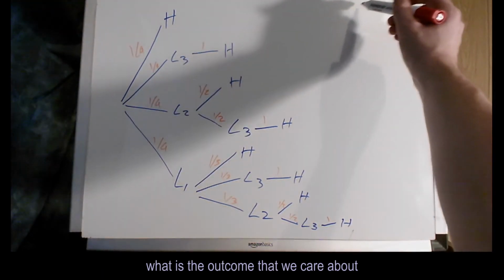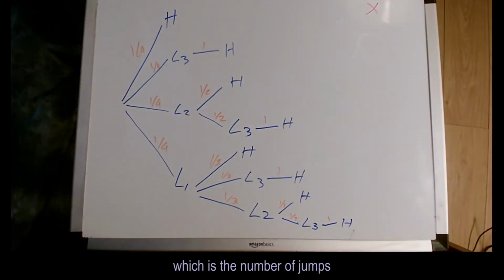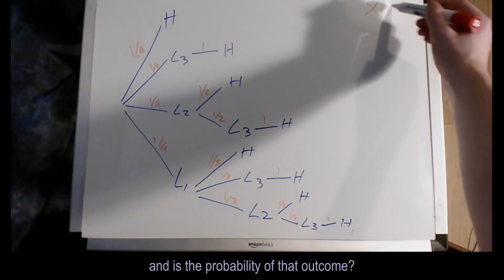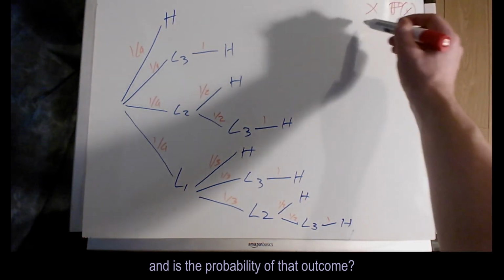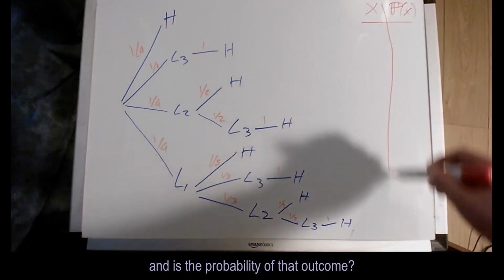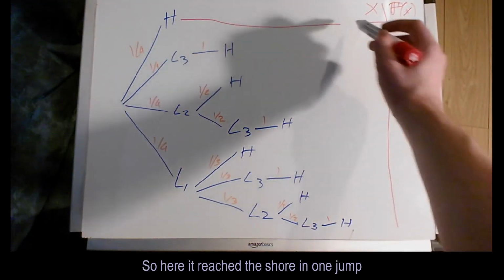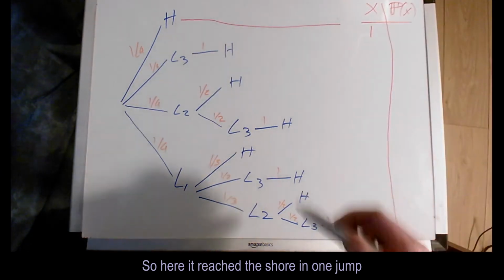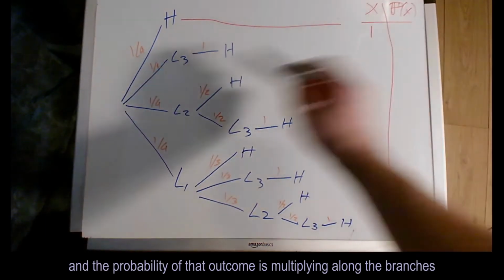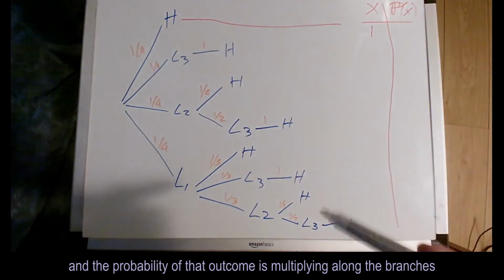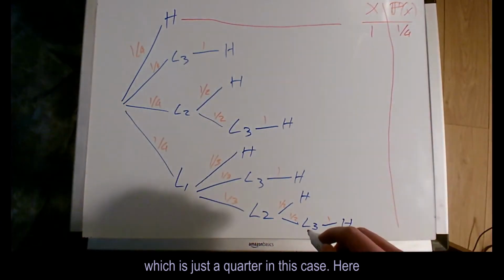Now let's think of all those end probabilities. What is the outcome that we care about, which is the number of jumps, and what is the probability of that outcome? So here, it reached the shore in 1 jump, and the probability of that outcome is multiplying along the branches, which is just a quarter in this case.